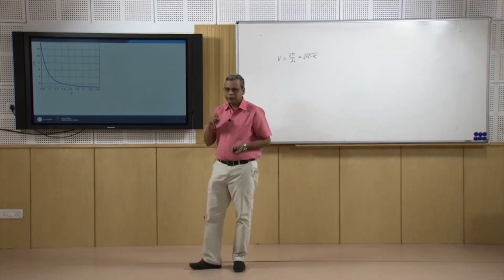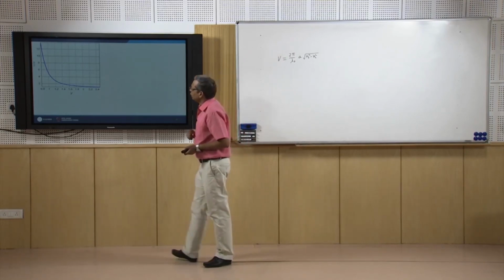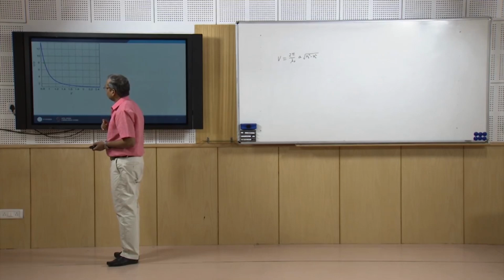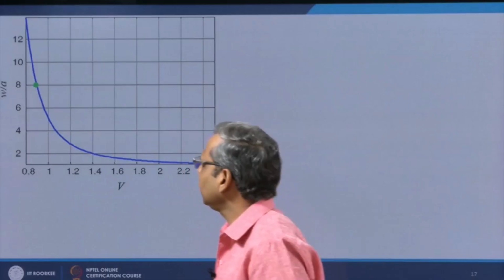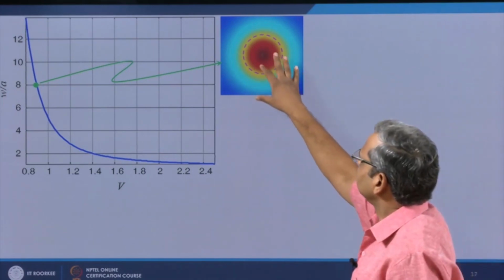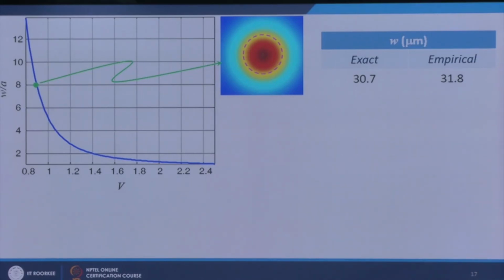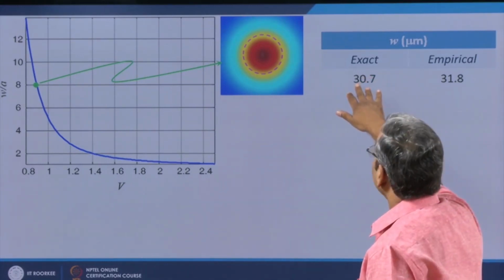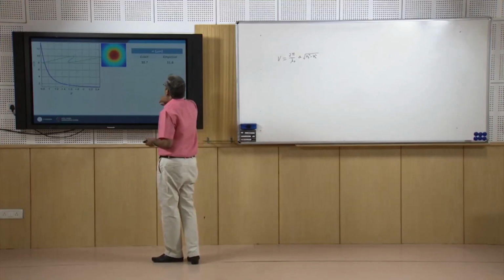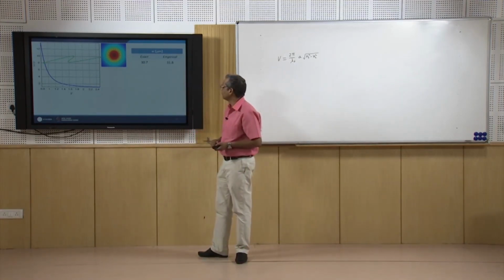Now let me find out how accurate this empirical relation is. For that I take two representative points. One is for smaller values of V, that is at V is equal to 0.9, and the modal field looks like this. I find the value of W by two methods: one by Bessel functions, the exact value, and another from the empirical relation. At V is equal to 0.9, the exact value of W is about 30.7 micrometer, while the empirical relation gives a value of 31.8.